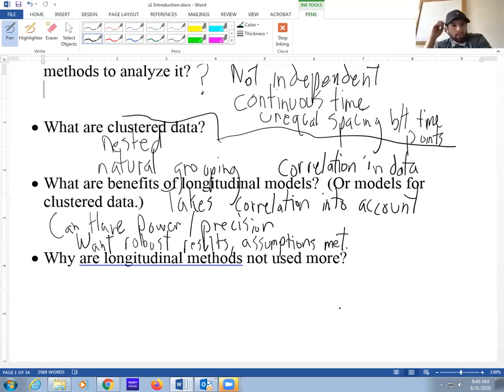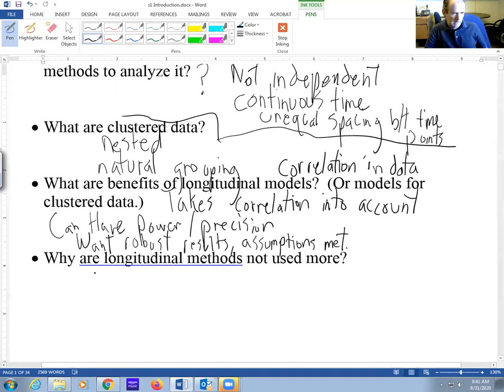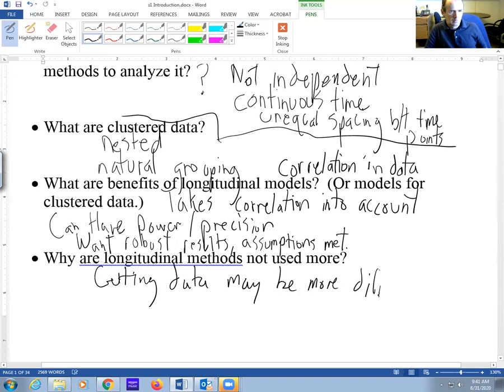I think maybe one of the issues is that in longitudinal methods, you need repeated measures, and getting someone to come in twice for a repeated measure may be difficult. Okay, that's a good one. So getting data may be more difficult. Right? Anything else? Sometimes investigators just aren't as familiar with it. Yeah, that's a big one. So investigators.